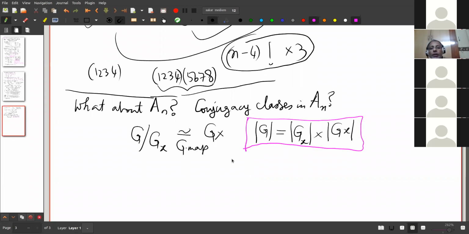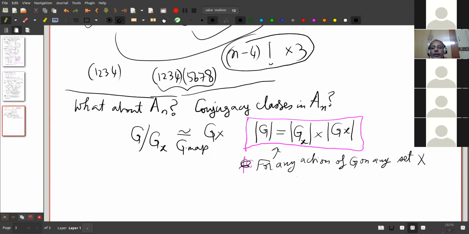So in particular, this means the order of G. This is true for any action of G on any set X, and for any x in X. So it's very general, where this represents the stabilizer subgroup and this represents the orbit of x.